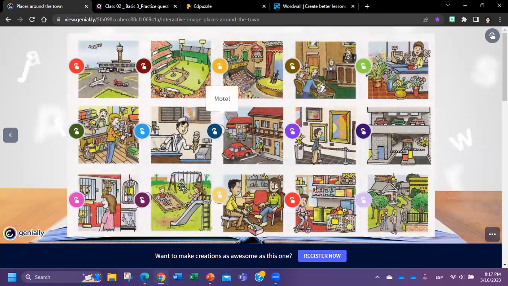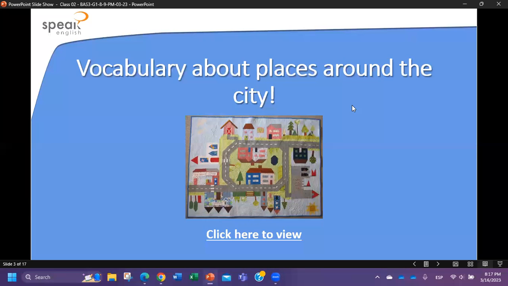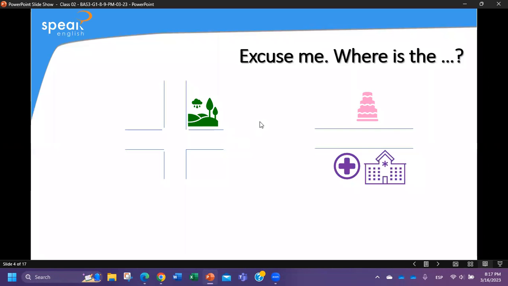Let's continue then. Okay, so the link for this activity, you have it here in case you want to check again the information, you just go ahead and do it, no problem. Now we are going to be continuing with more expressions that you can use whenever you want to tell how to get from one place to another, okay?